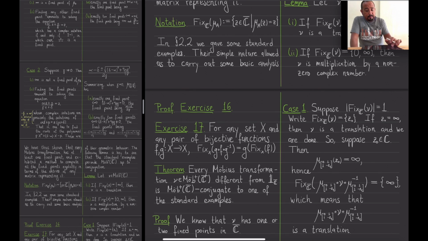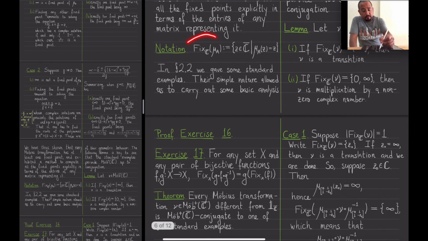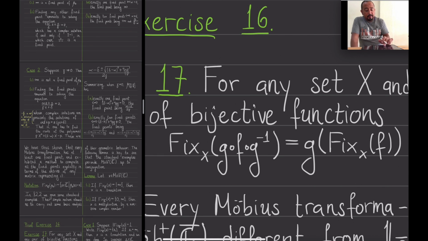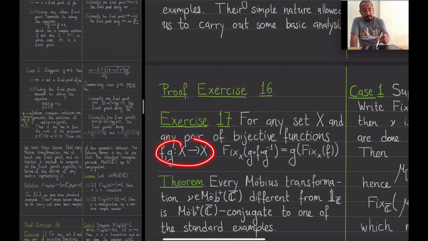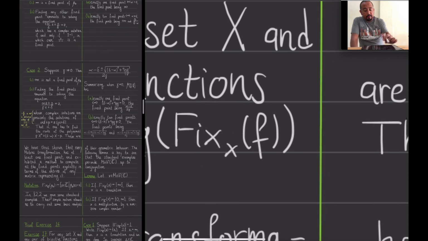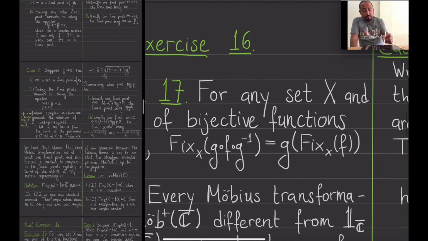Now, next thing, we introduced already this notation for the set of fixed points of any given transformation. In general, I wanted to show that if you have two bijective functions, and you know the set of fixed points of f, and want to compute the set of fixed points of its conjugate by g, the result is quite nice.